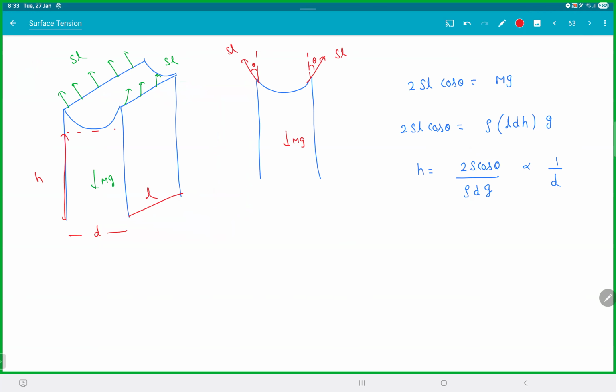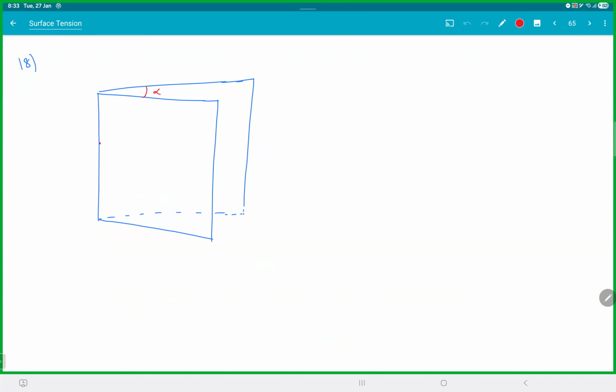So the more the distance between the plates, the lesser the height. So this liquid is going to become something of this sort. You won't get a cylinder there, you will get some curve.